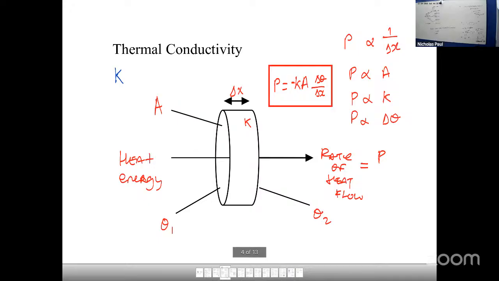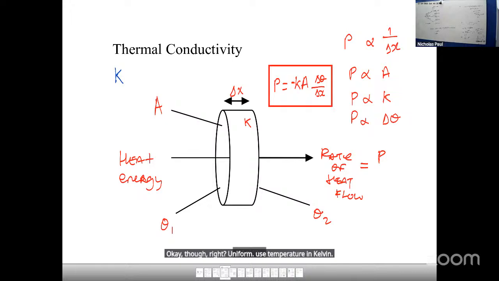Right, Adam? I want to find the SI unit. Work it out, see if you can work out the SI unit. Remember, you have power there, you have area, you have temperature change, and you use temperature in Kelvin.